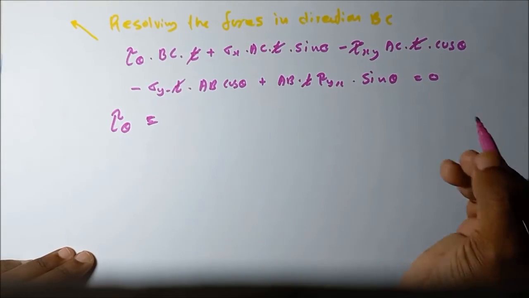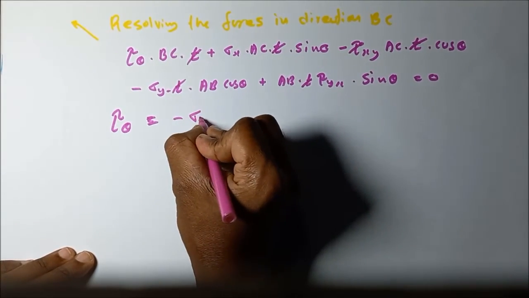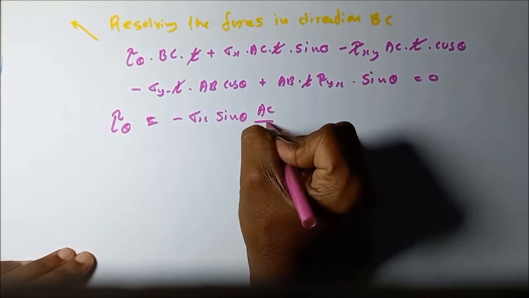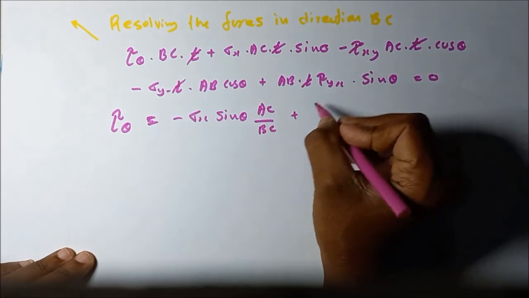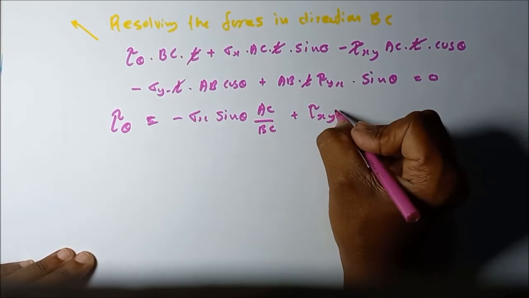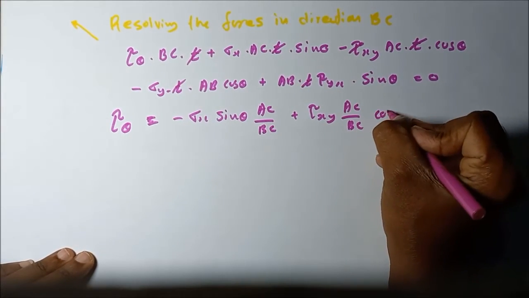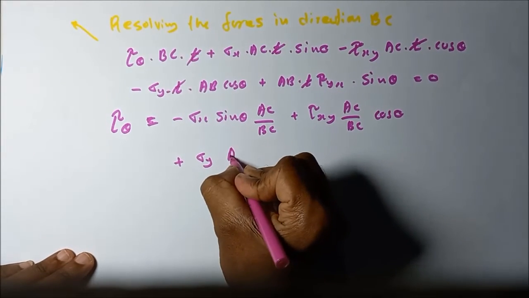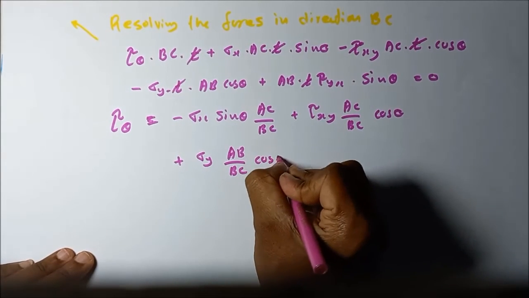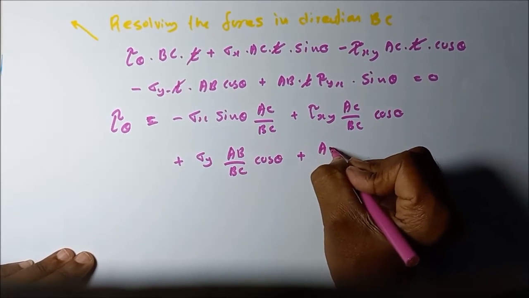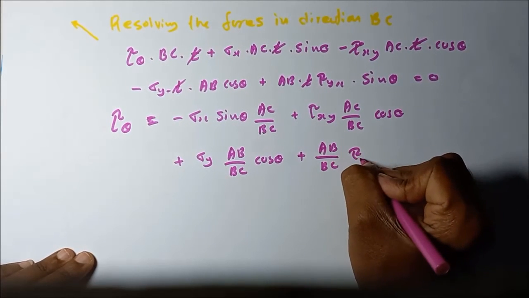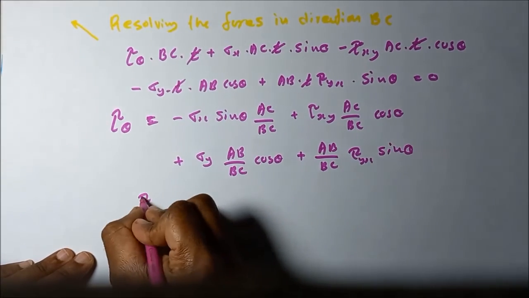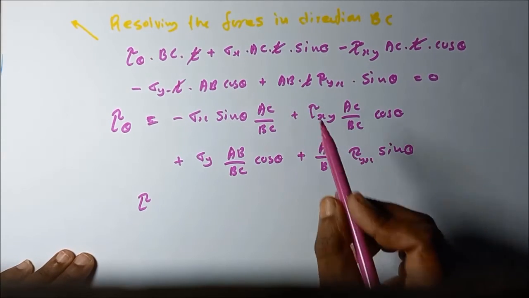We have minus sigma x AC divided by BC into sin theta, plus tau xy AC divided by BC into cos theta, plus sigma y AB divided by BC into cos theta, plus AB divided by BC tau yx into sin theta.